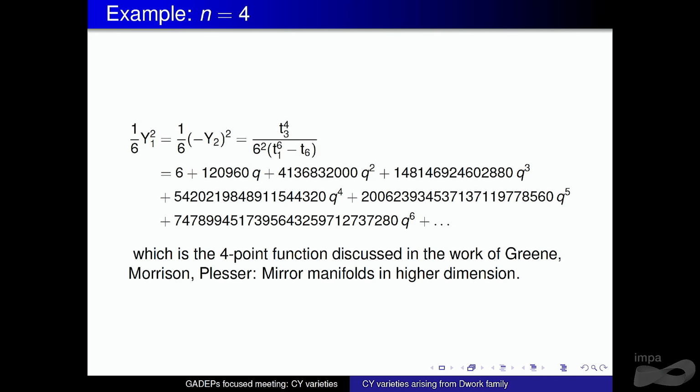By the way, in the case of n equals to 4, if we compute the coefficients of y1 squared, then we find exactly the 4-point function given by Greene, Morrison, Plesser in their paper.